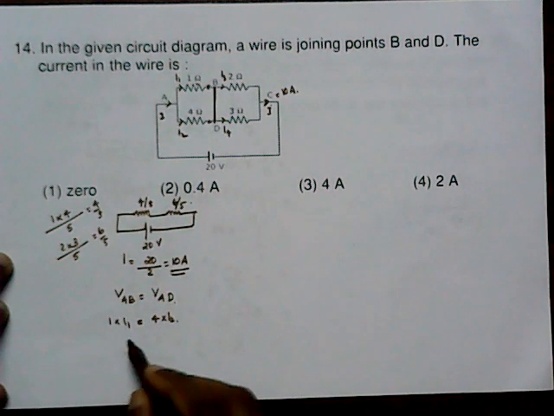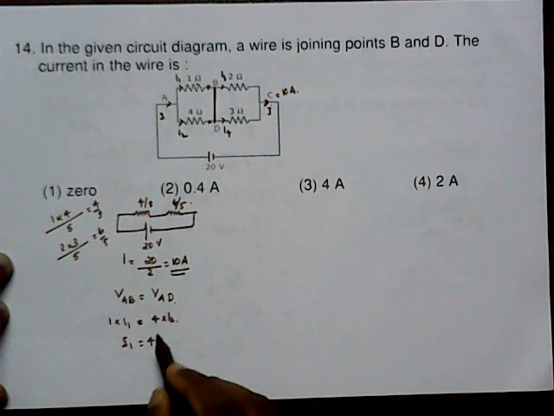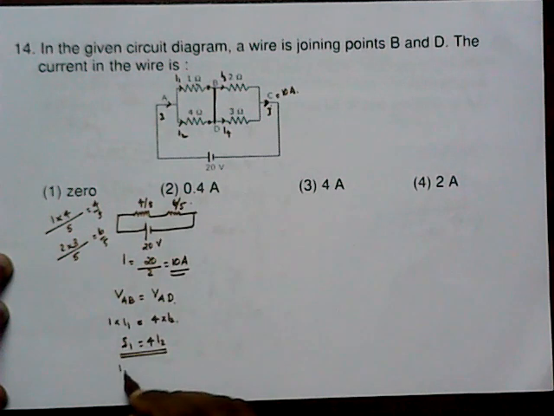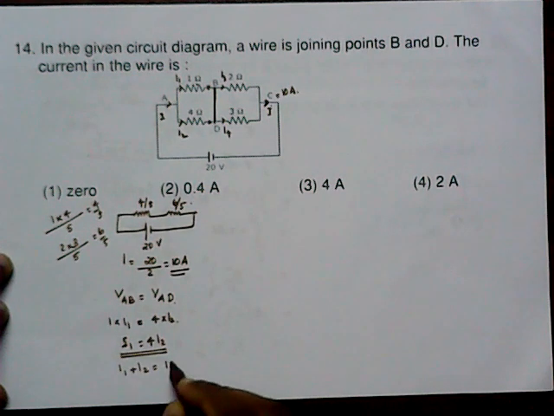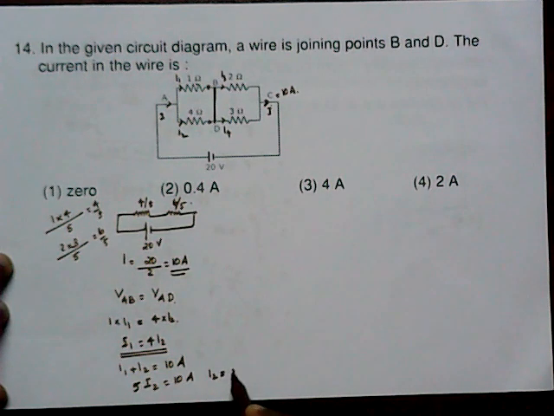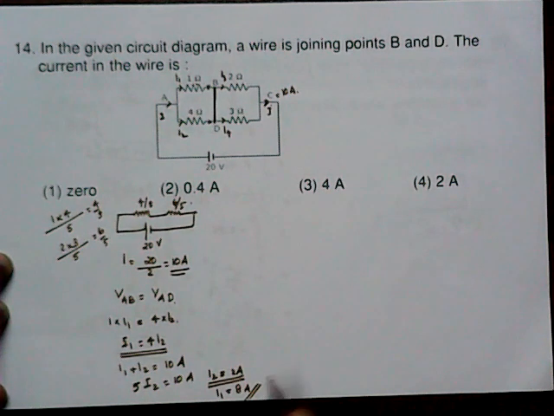So I1 equals 4 times I2. But we know I1 plus I2 equals 10 ampere. Substituting I1 as 4 I2, we get 5 I2 equals 10 ampere, so I2 equals 2 ampere, and hence I1 equals 8 ampere.